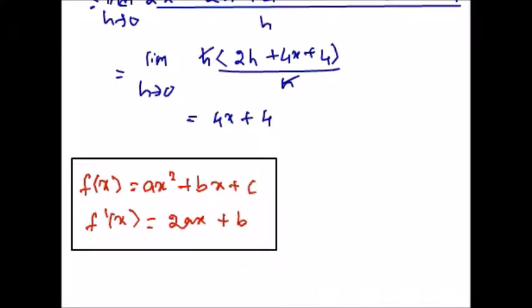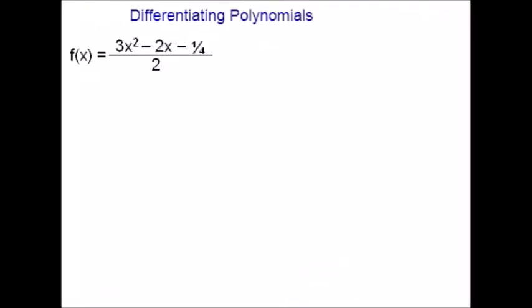Now let us move on to the next example where I am going to show you a denominator. Please consider this example. Differentiate the function 3x square minus 2x minus 1 over 4, divided by 2. Instead of dividing by 2, we can think of this example as multiplying each term by 1/2. Am I right? So we can therefore apply the above rules that we discussed in the previous example.